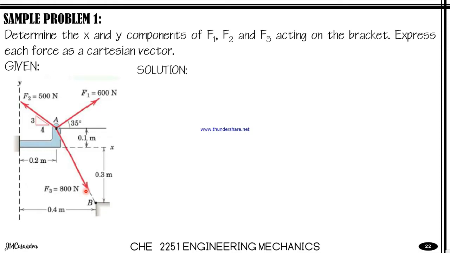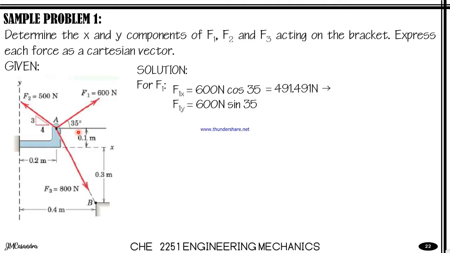To solve our problem, we have to identify our x and y components. For F1, given the angle of 35 degrees above the horizontal, we can solve for Fx as 600 newtons cosine 35, and for the F1 y component, it will be 600 newtons sine 35.